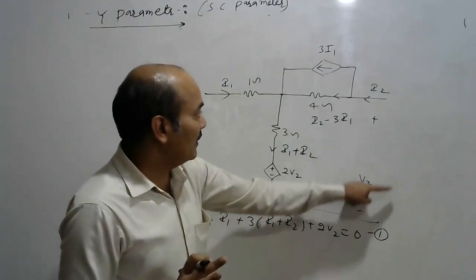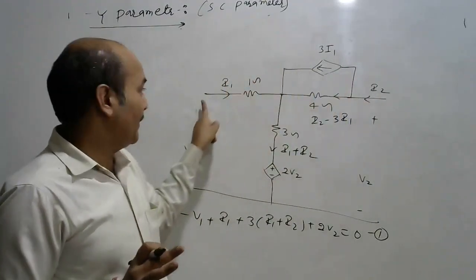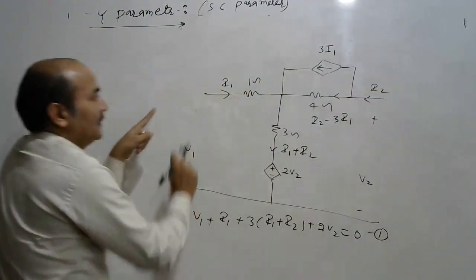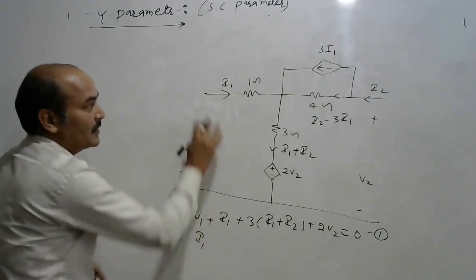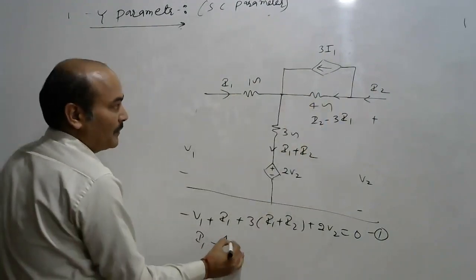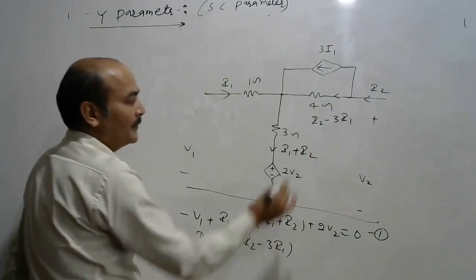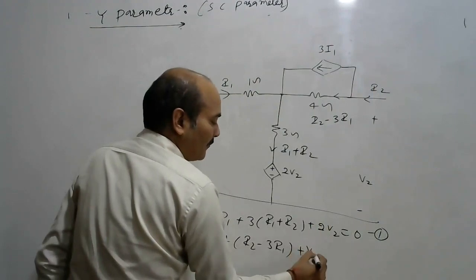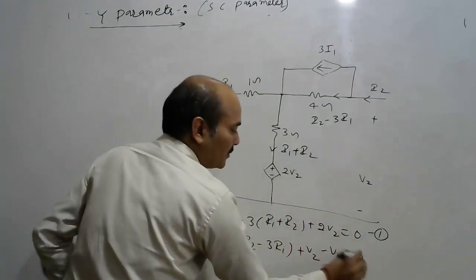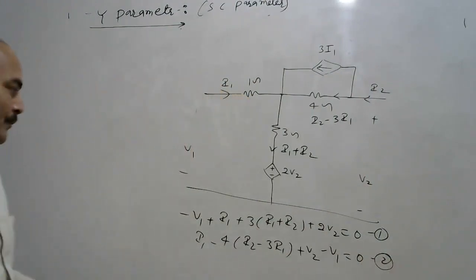So now we are applying the KVL in this outer loop. Suppose we are starting from this point and applying the KVL in this loop. Here this is I1 and we are moving opposite to the current. So this is minus 4 I2 minus 3I1, and that is plus V2, and this is minus V1 equal to 0. So this is my equation number 2.